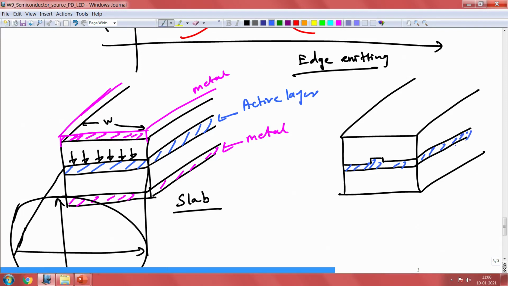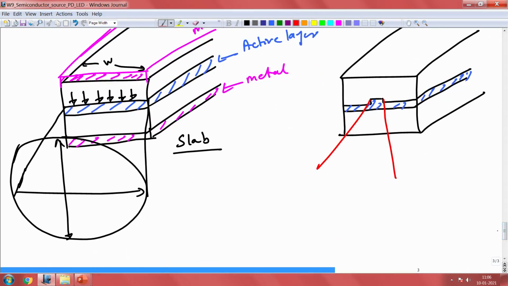So, if you have a structure like this, then your emission is primarily from this region, right, and what you will have is an asymmetric structure. So, you are going to have an asymmetric emission out of this particular waveguide. So, we will have something like this coming from this.